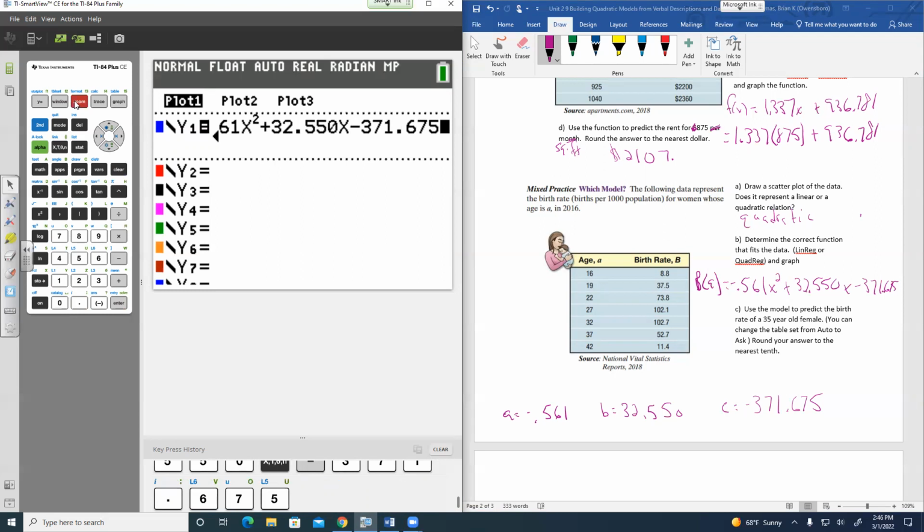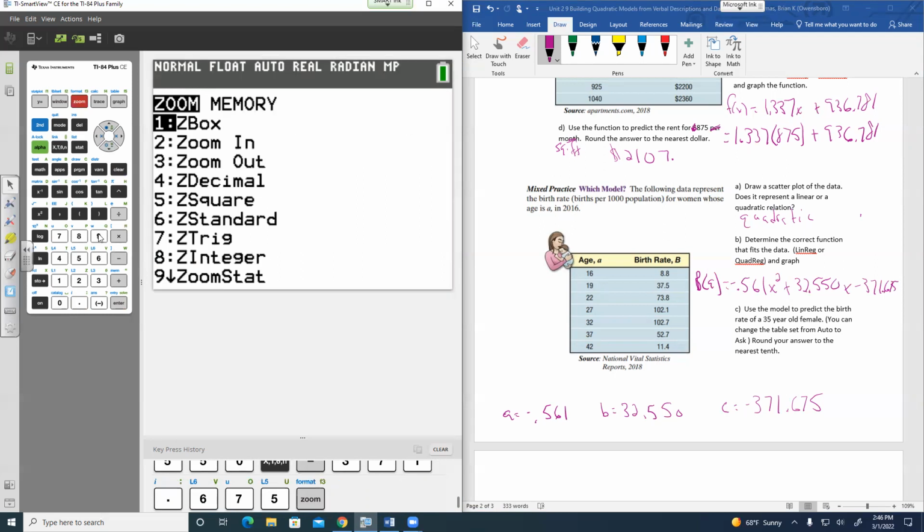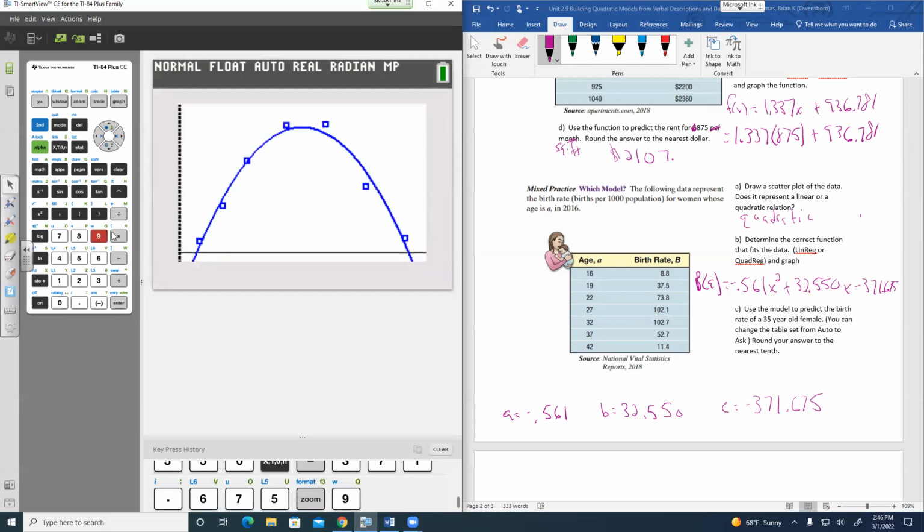So again, if I hit that zoom and hit number 9 for stat, I'll say, yeah, that looks really good. It goes through the data points really nicely, cuts through the middle of them. And that's what you want. Something that's a best fit is to go through the data.